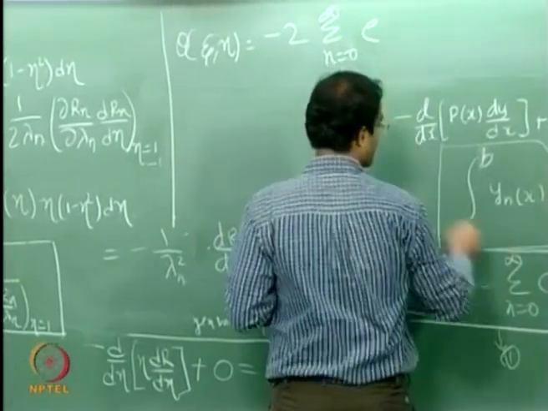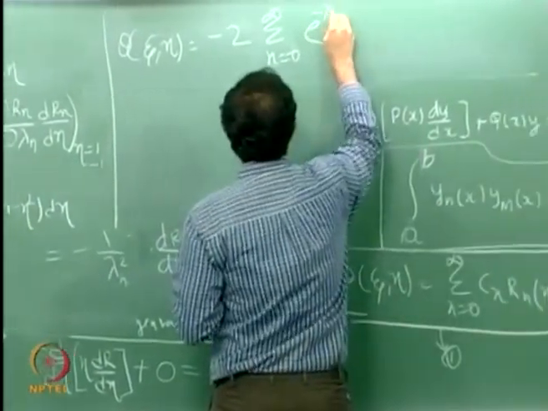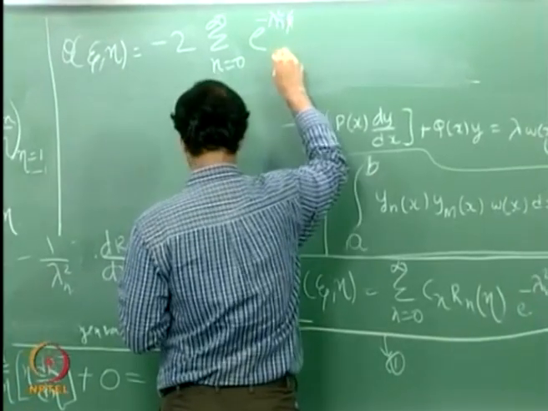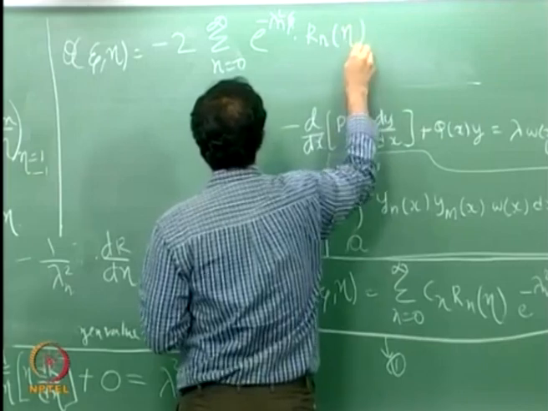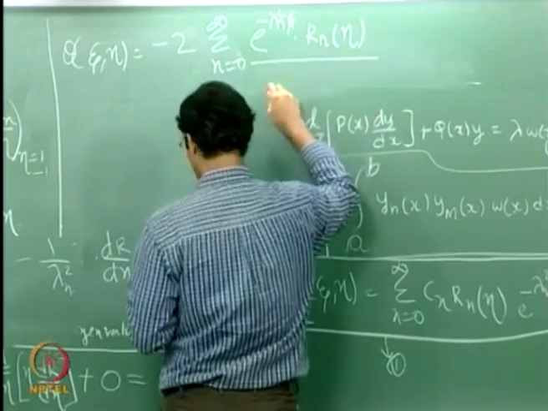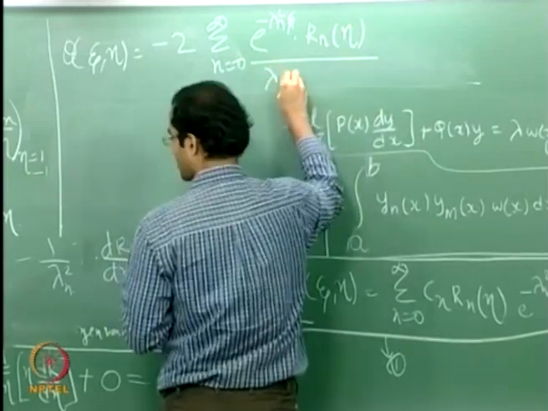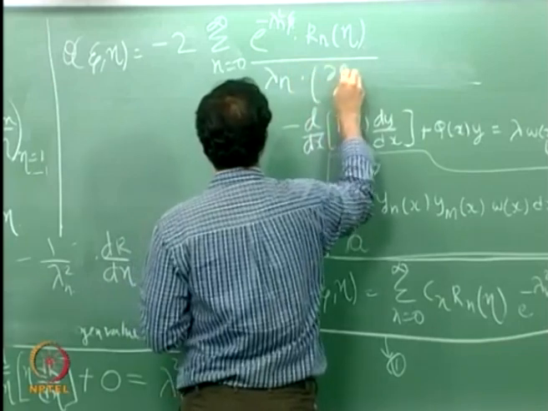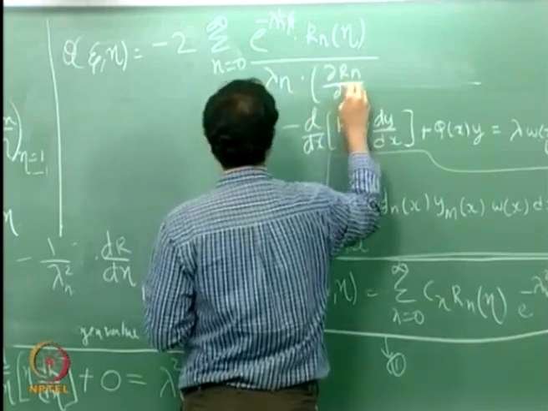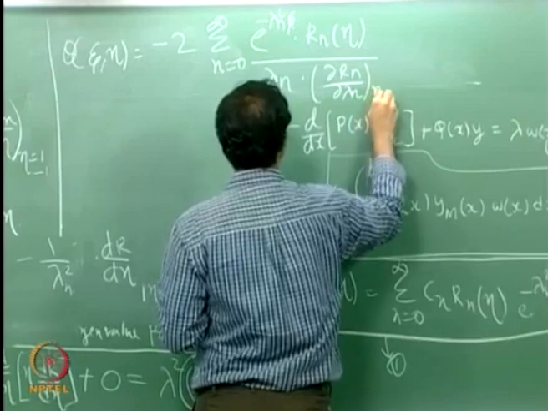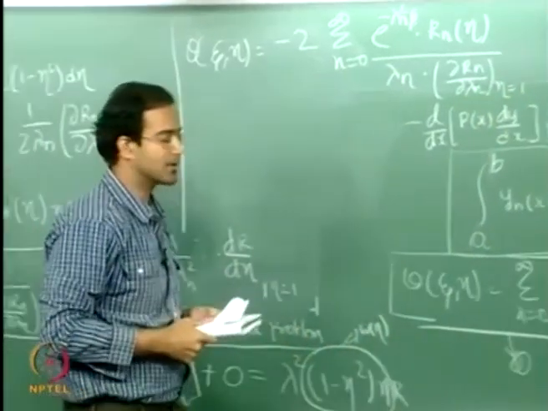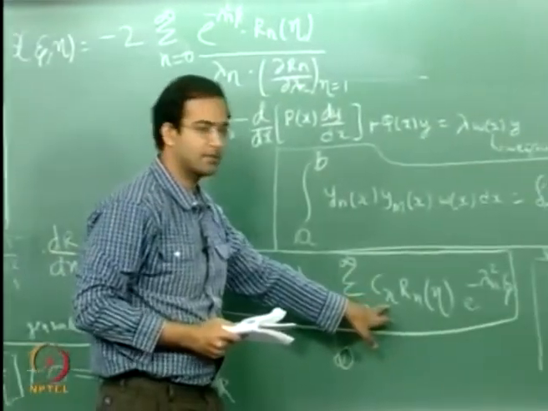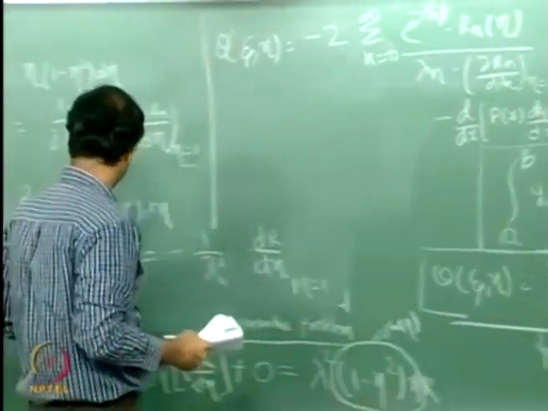I have e power minus lambda n square zeta into R n of eta divided by lambda n into dR n by d lambda n at eta equal to 1. I have simply substituted for c of n from what I have obtained here.